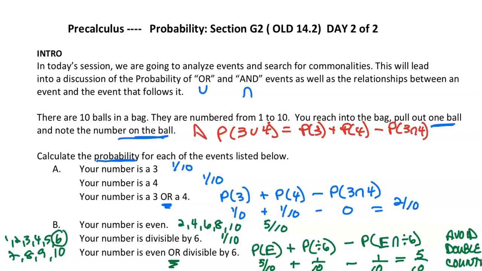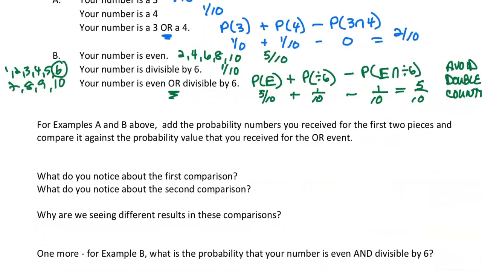That's what we're doing. If you want to figure out an or, you're going to have to eliminate any ands because otherwise you would double count. I hope that explains that. We're going to do more with this in just a few minutes.